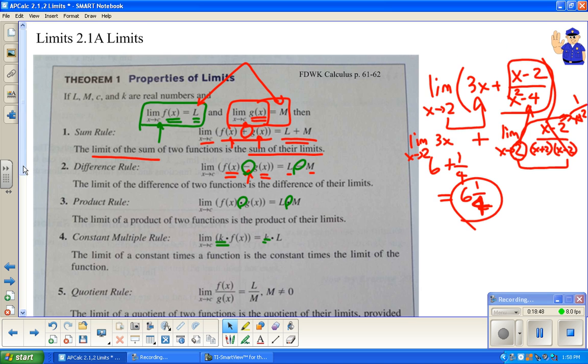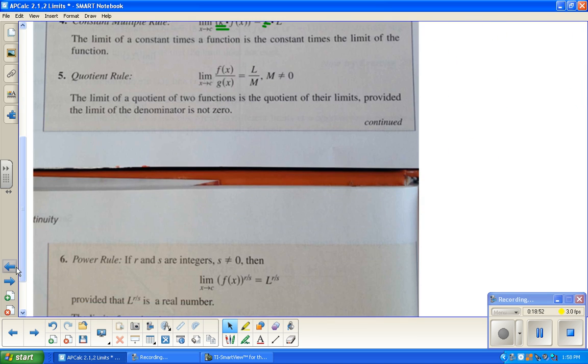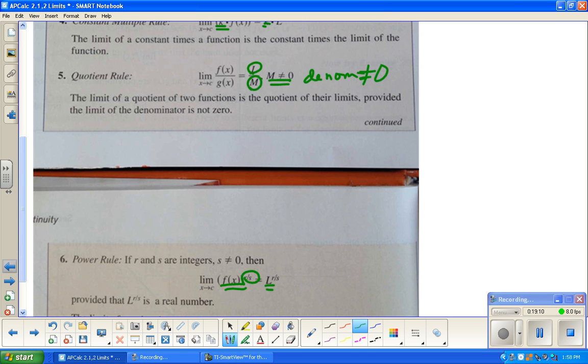If you have division, then yes, you can do the limit of the numerator and denominator separately, and then just divide them. Now again, the denominator can't be 0. That's always the case. That's not even a number. And even if you're raising something to a power, you can do the limit first and then raise that answer to the power.